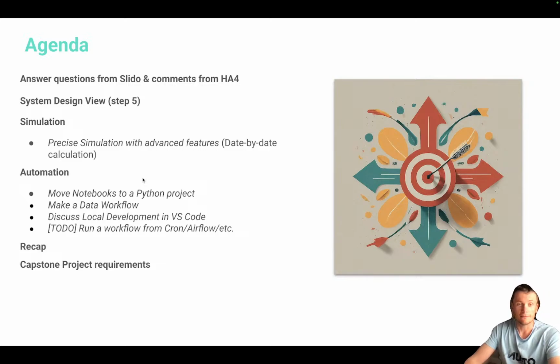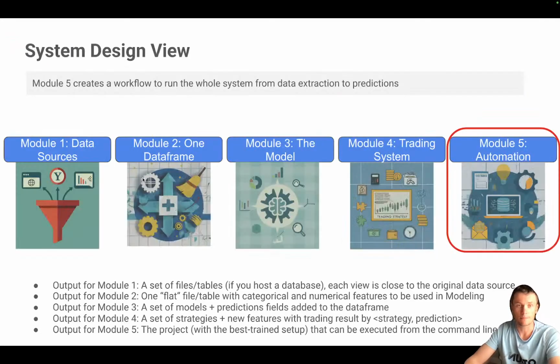And finally, we'll touch on Capstone project requirements. I didn't see many questions from you, so I assume that mostly those requirements are clear, but if not, please ask more questions. So let's begin.